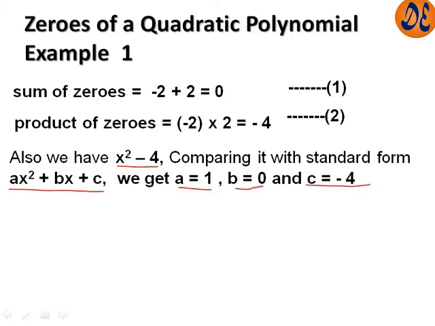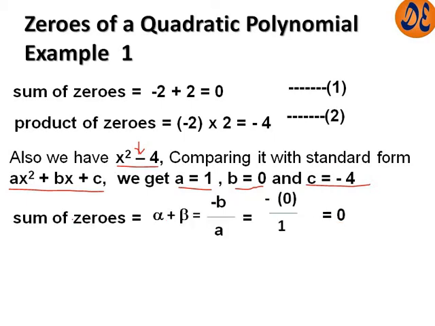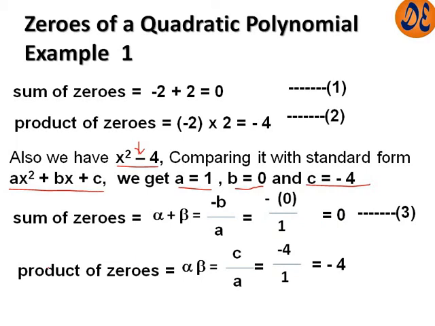See, the coefficient of x square here is a, so a is 1. The constant term here is minus 4, that is c, so c is minus 4. There is no coefficient of x here, so b is 0. So now the sum of zeros is minus b by a, so 0 by 1 is 0, and the product of zeros is c by a, that is minus 4.